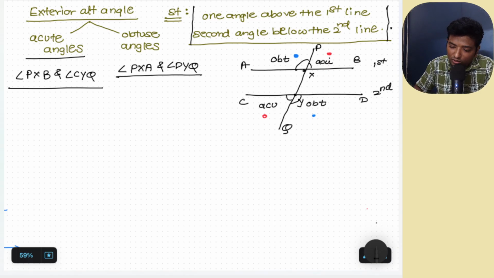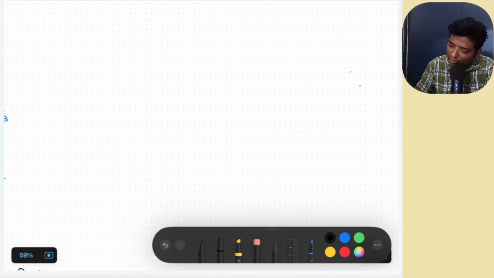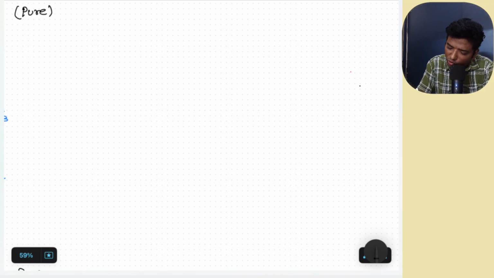So this is the third type of angle. Then another one I always suggest is pure interior angle. Now this word is not a textbook word, but I use it just in order to avoid confusion. This is the fourth type of angle, pure interior.